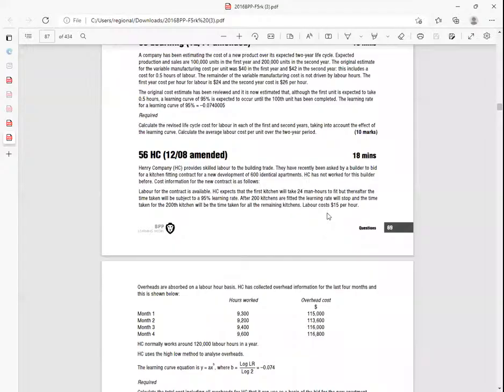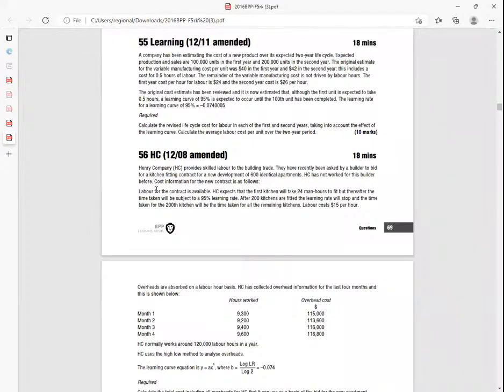So this question here, 56, they're telling us Henry Company provides skilled labor to the building trade. They have recently been asked by a builder to bid for a kitchen fitting contract for a new development of 600 identical apartments. HC has not worked for this builder before. Cost information for the new contract is as follows. Labor for the contract is available. HC expects that the first kitchen will take 24 man-hours to fit, but thereafter time taken will be subject to a 95% learning rate.